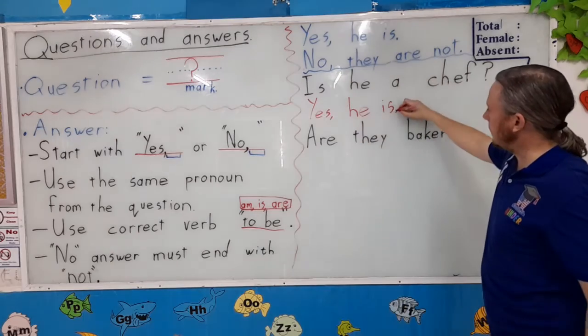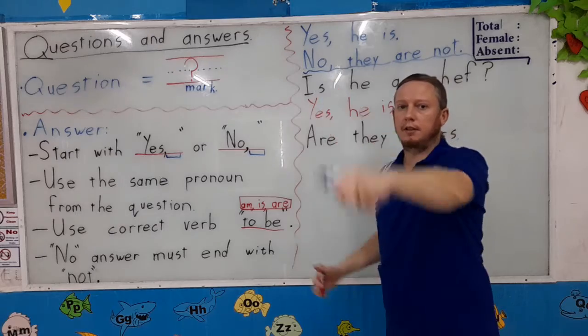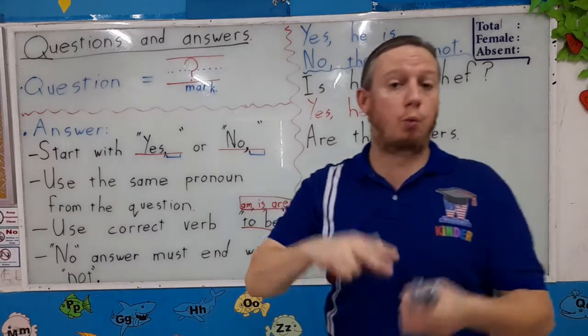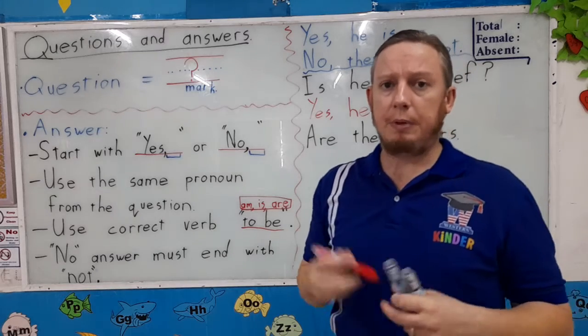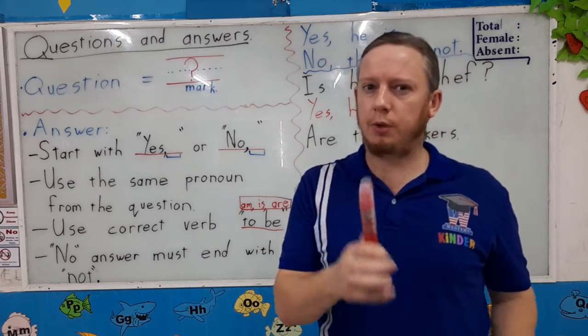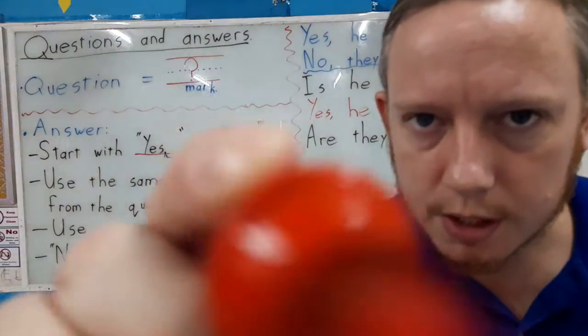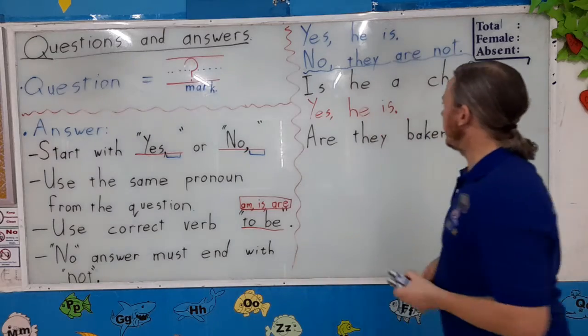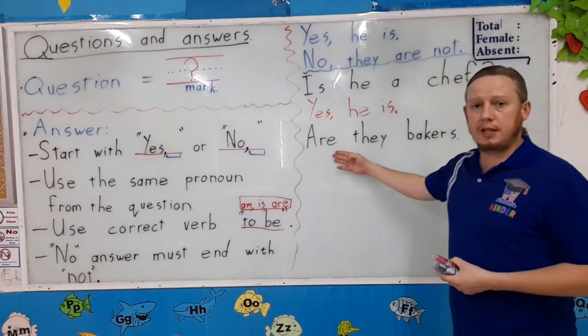And that's it, full stop. Yes, he is. No, he is not. We've practiced this with words many, many times, but now we need to start putting it into writing. And if your writing is not beautiful, I'm going to give you a mustache. Okay, so be careful. I'm going to get you. Okay, let's look at question number 2.